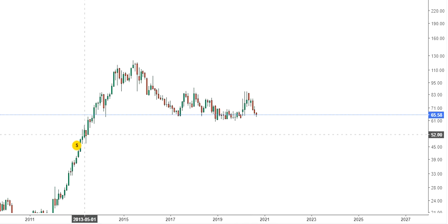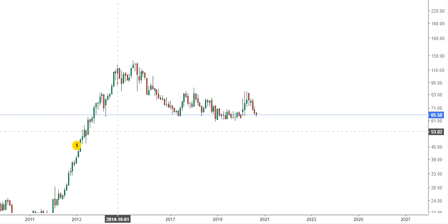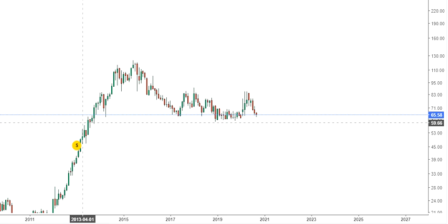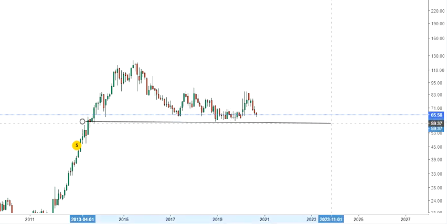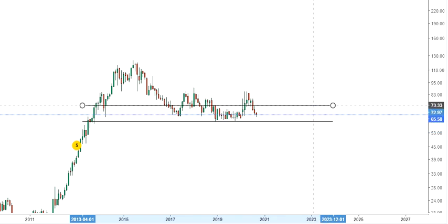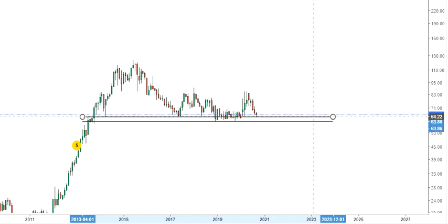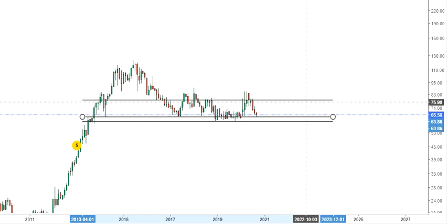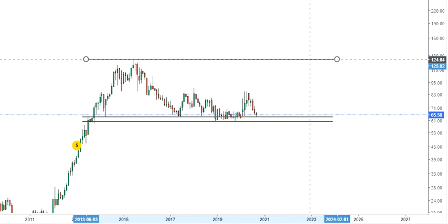First we will look at the current trend, then we will discuss the long-term trend. This is the support level at which the stock is trading, and these are your resistance levels.